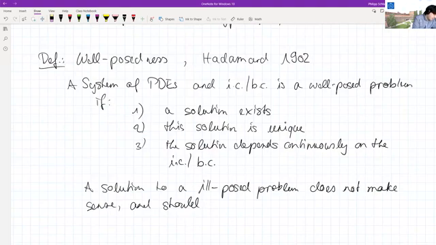Of course, there's exceptions to that, which goes into the idea of regression or inverse problems, where the whole idea is that you have ill-posed problems. But in those cases, you typically need to add some regularization to the problem to make a solution worthwhile anyway. But for typical physical problems, you need to make sure that your system composed of the equations and the initial and boundary conditions is actually well posed.